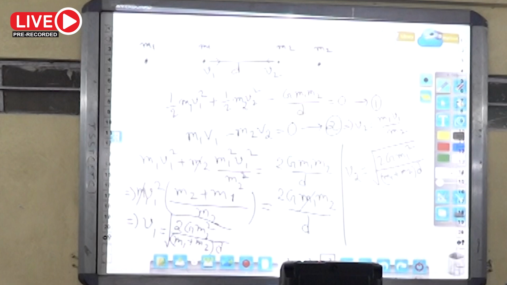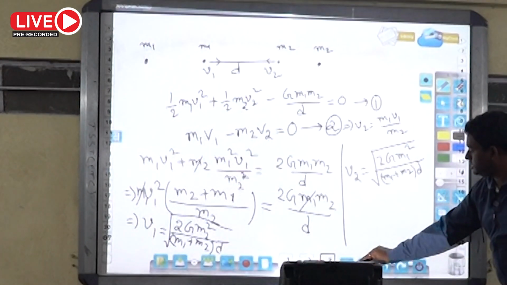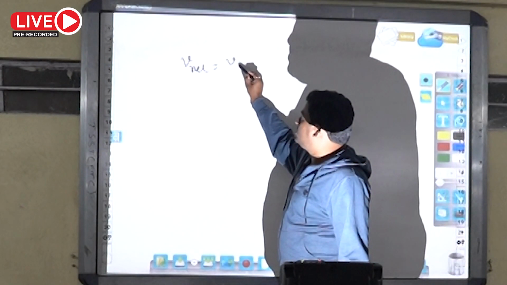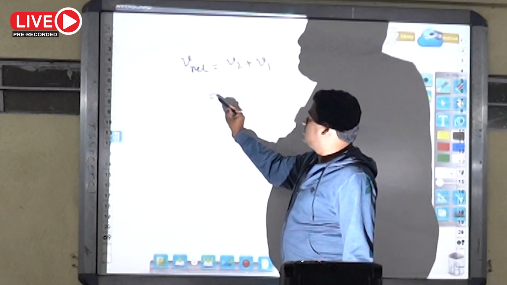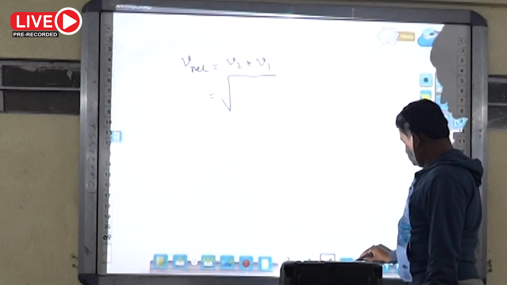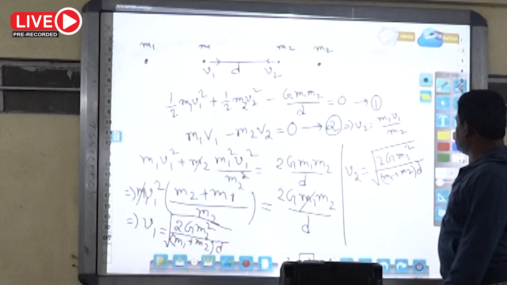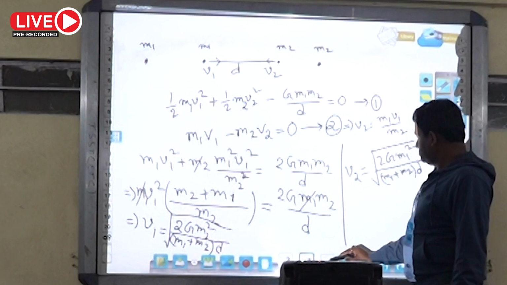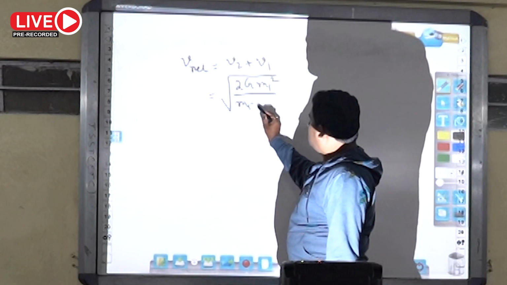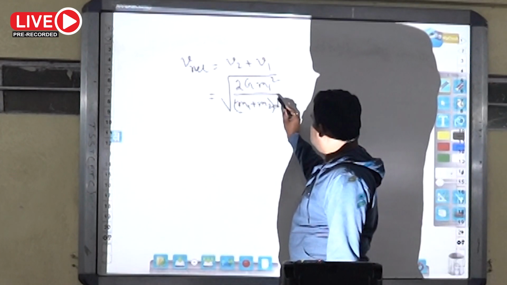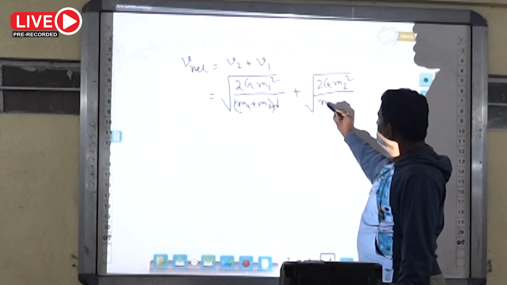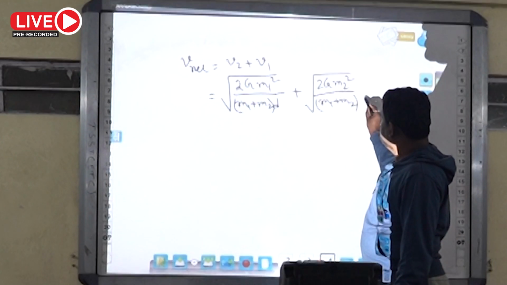Then V relative will be V2 plus V1, which is root over of 2G M1 square by M1 plus M2 into D plus root over of 2G M2 square by M1 plus M2 into D.